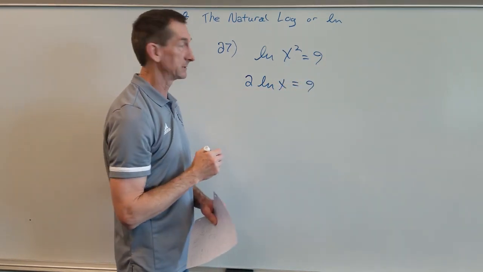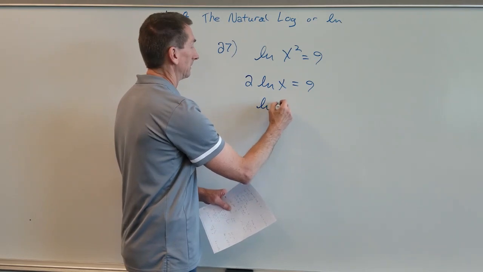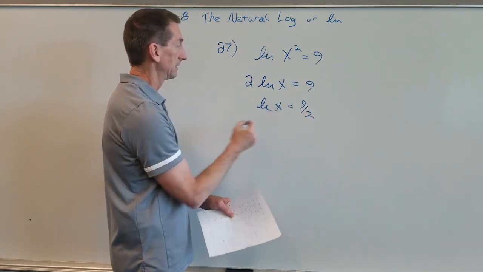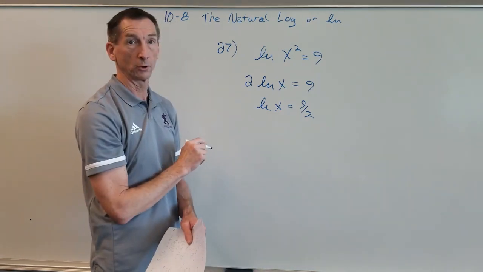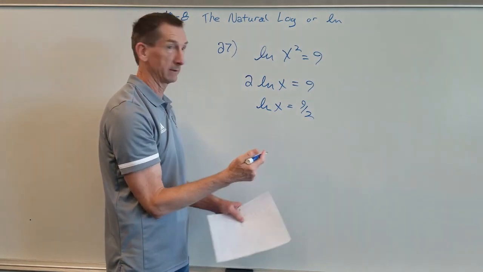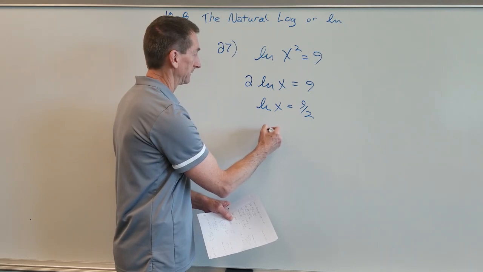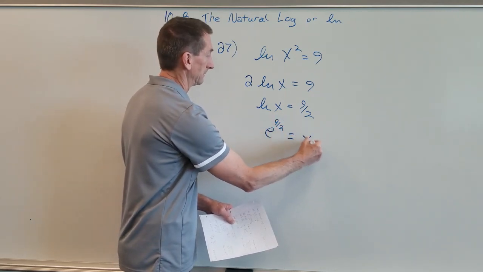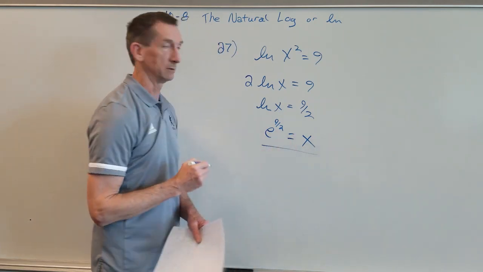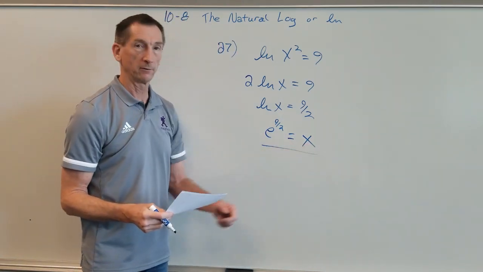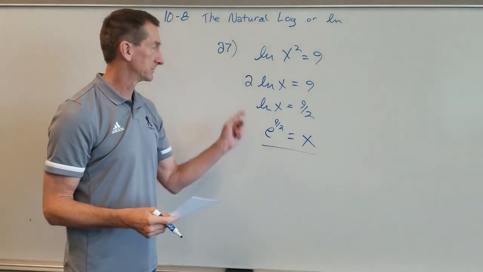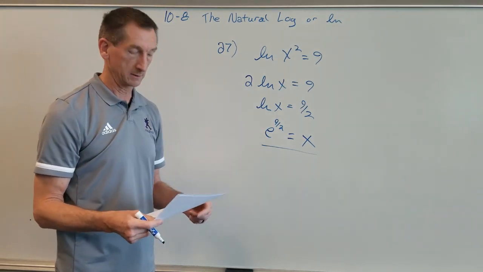Divide both sides by 2: natural log x is equal to 9/2. Now let's go into exponential form and we can solve this without a calculator. I'm going to have e to the 9/2 is equal to x. Boom, done. Solved for x. So there you have it. Same laws of logarithms, same properties, and it still works.